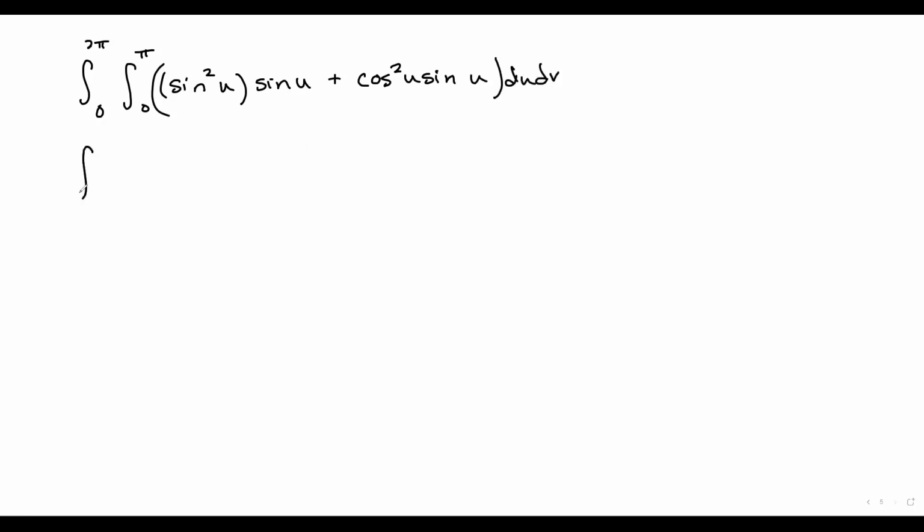So we've got 0 to 2 pi, 0 to pi, pull out two of the signs. Turn those others into cosines using the identity 1 minus cosine squared.